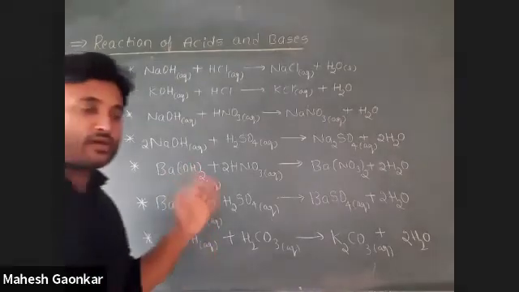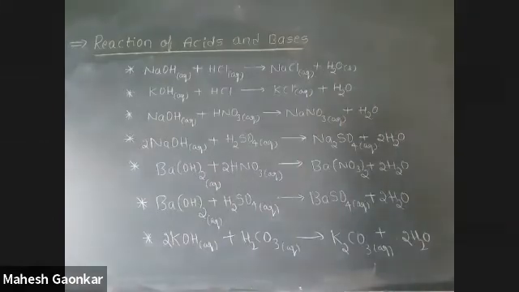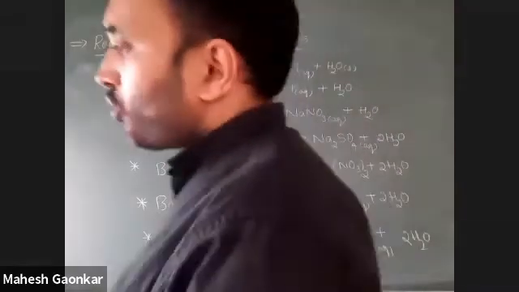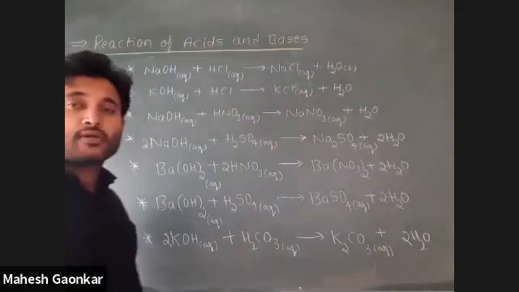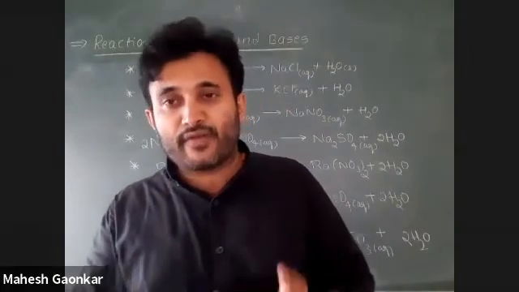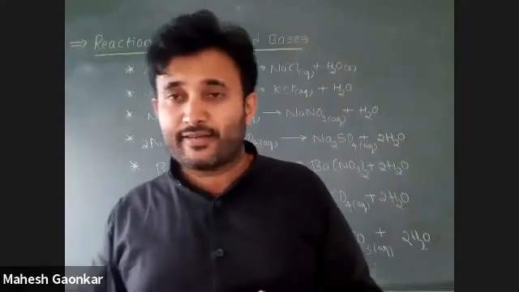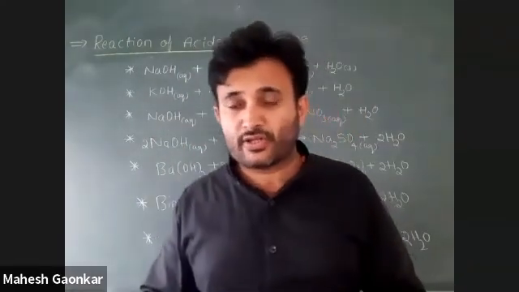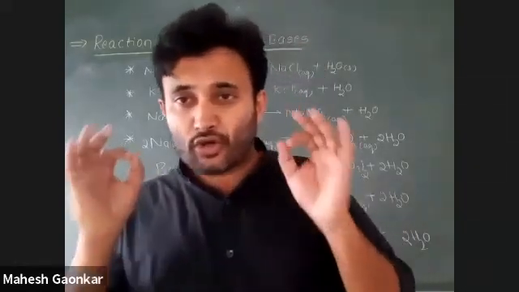All these are examples of neutralization reaction. When acid reacts with base, that reaction is called neutralization reaction. And remember, neutralization reaction is always exothermic. That means in neutralization reaction, there will be liberation of heat. If the acid is a strong acid and the base is a strong base, then the amount of heat liberated is always constant.